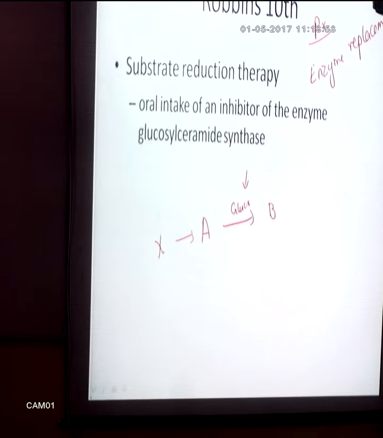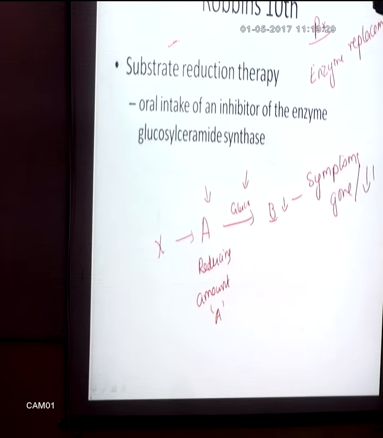X gives rise to A, which gives rise to B in the presence of this enzyme. So the substrate reduction therapy aims at reducing the production of this A. So this will be decreased, so the symptoms will be gone, or symptoms will be decreased, right?